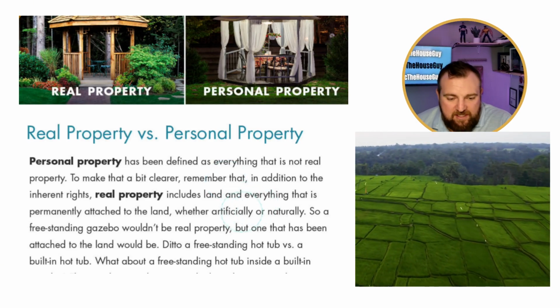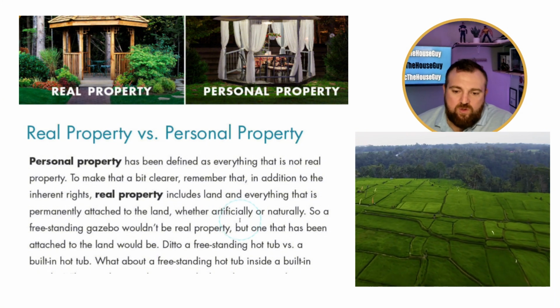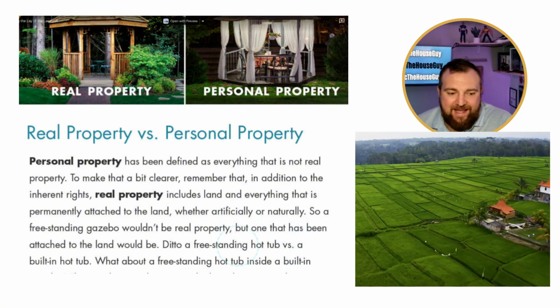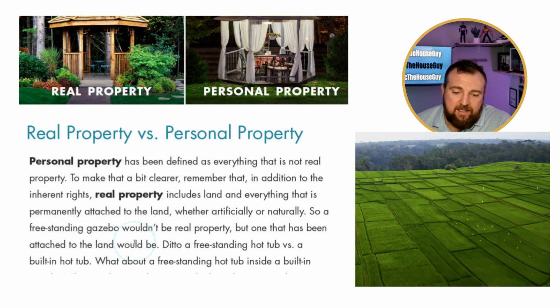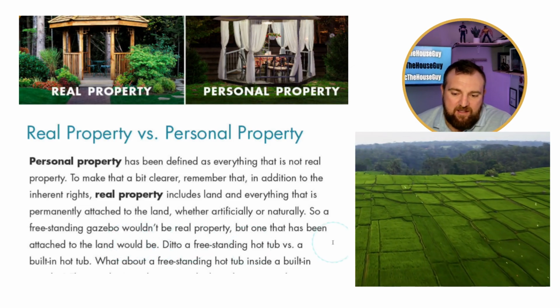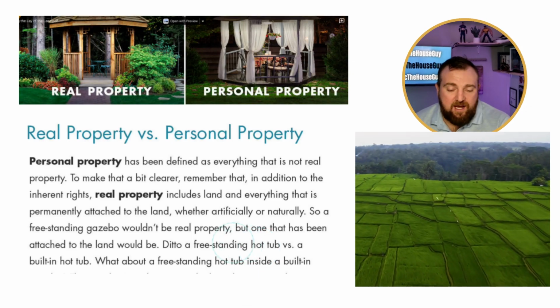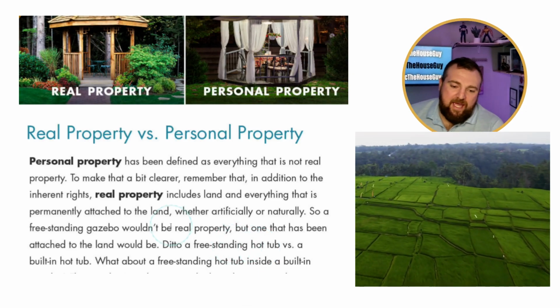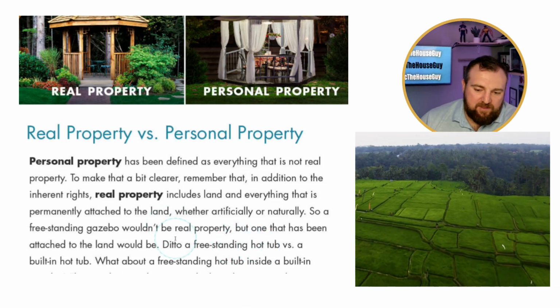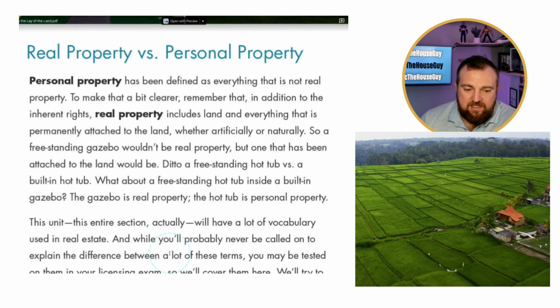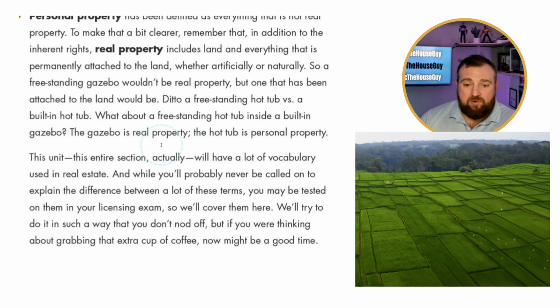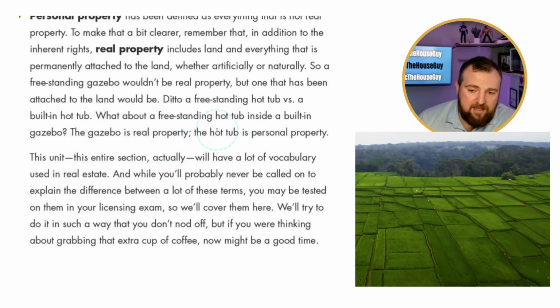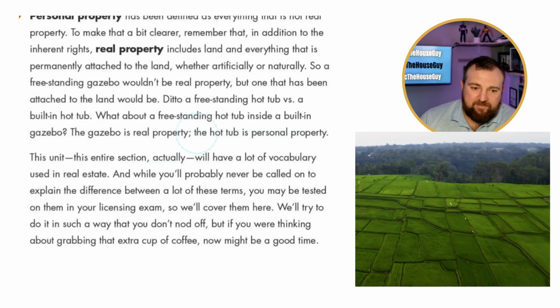So a freestanding gazebo wouldn't be real property, but one that has been attached to the land would be. Ditto a freestanding hot tub versus a built-in hot tub. What about a freestanding hot tub inside a built-in gazebo? The gazebo is real property. The hot tub is personal property.